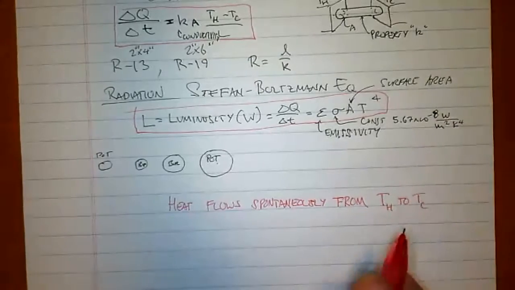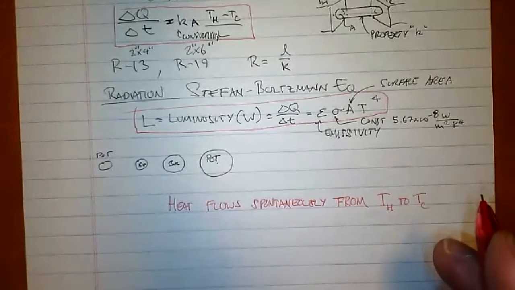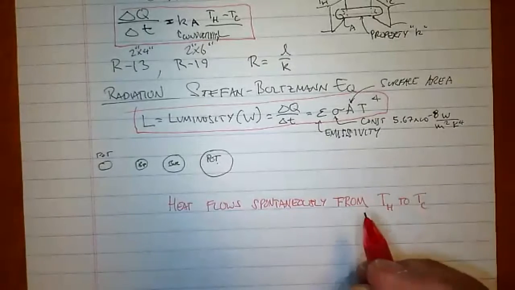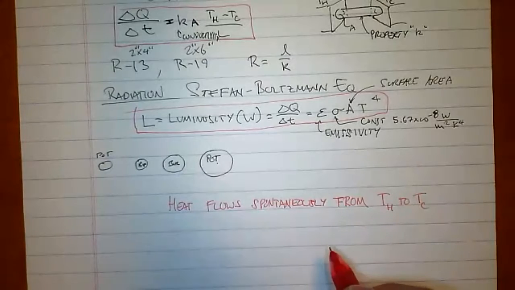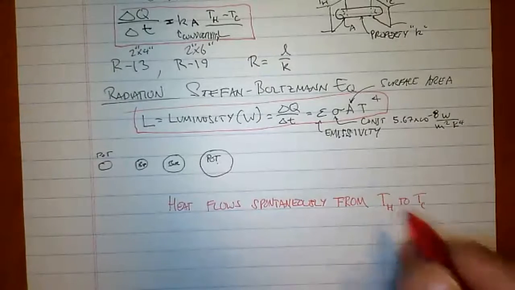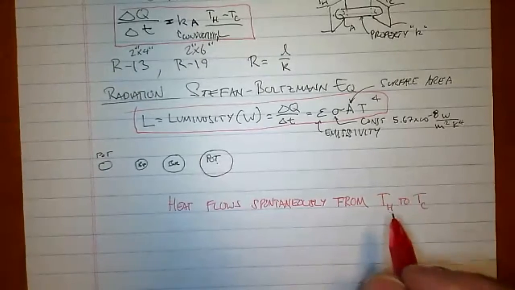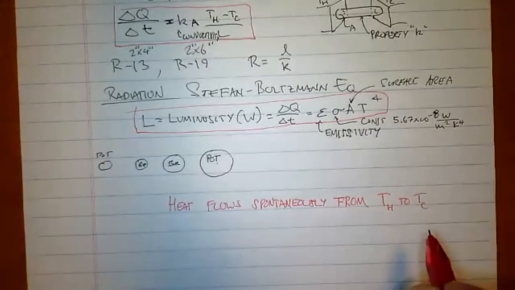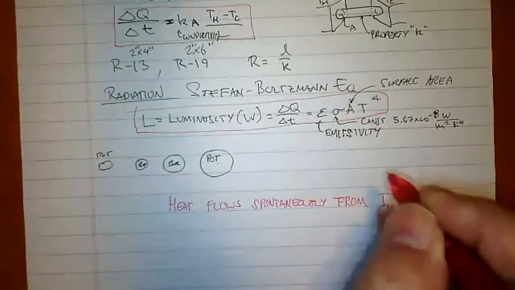Okay. In other words, if it's the middle of the summer and you've got your air conditioner on in your house, the hotter area is the outdoors. So if you left a window open or a door open, heat will be flowing. And even if you don't, because they're not 100% insulative, but the easiest case is imagining them being open, then heat will be flowing from the outdoor atmosphere into your house.